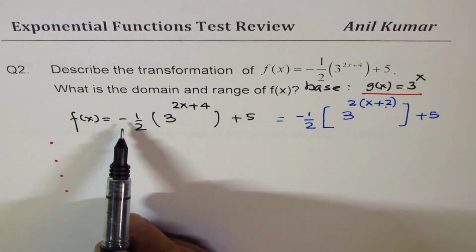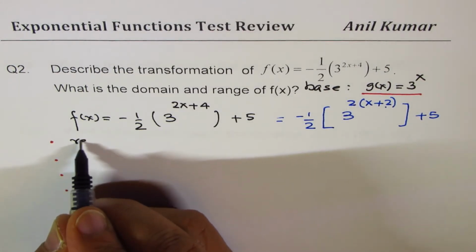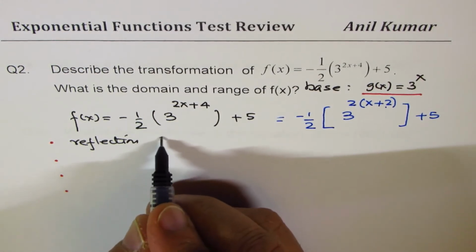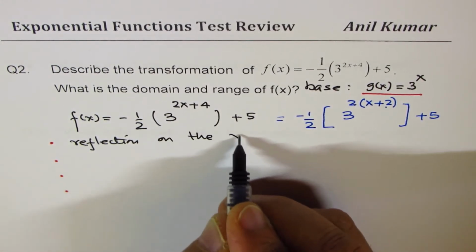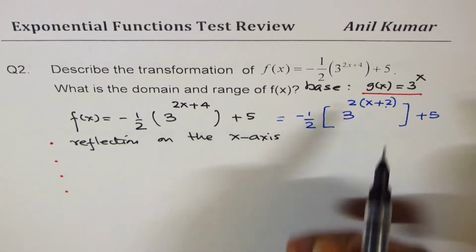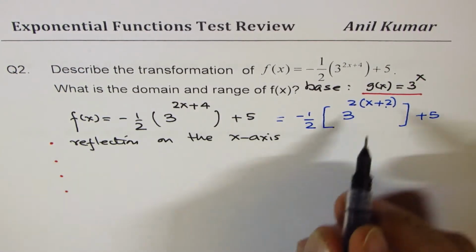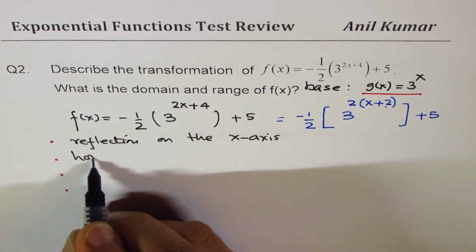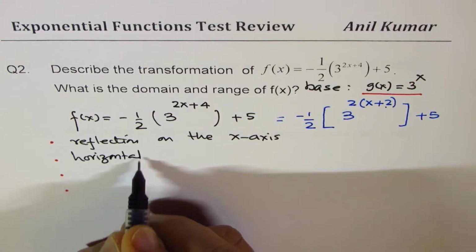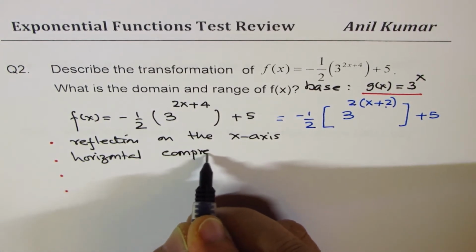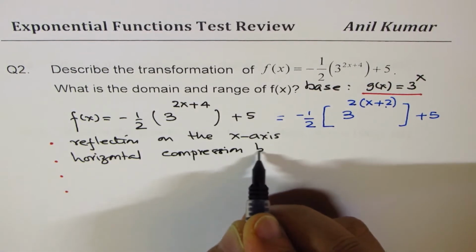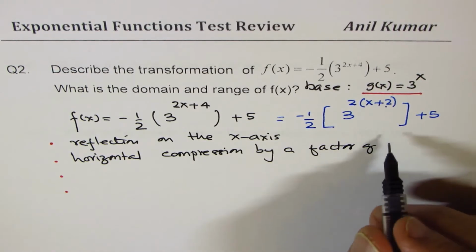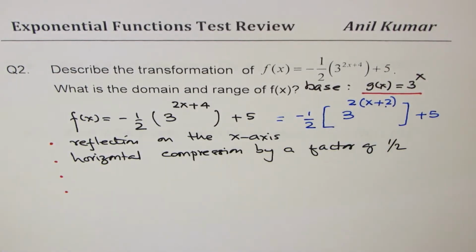Now let's start from the left side. Minus means reflection on the x-axis, since these are y values. Now here 2 means everything inside this bracket relates to horizontal. So it means horizontal compression by a factor of half, so it gets divided by 2.